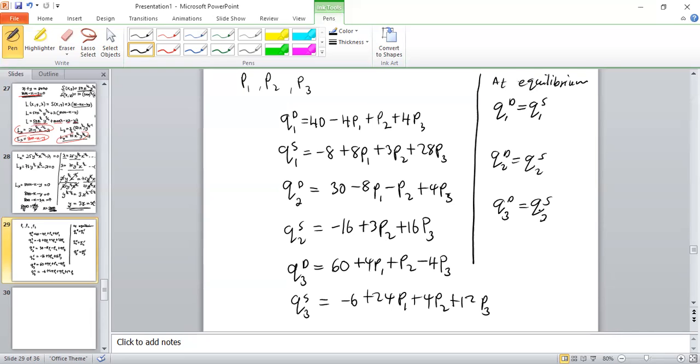Find the prices P1, P2, and P3 at equilibrium. What are the corresponding equilibrium quantities? So when you find the values of P1, P2, P3, you also find that.